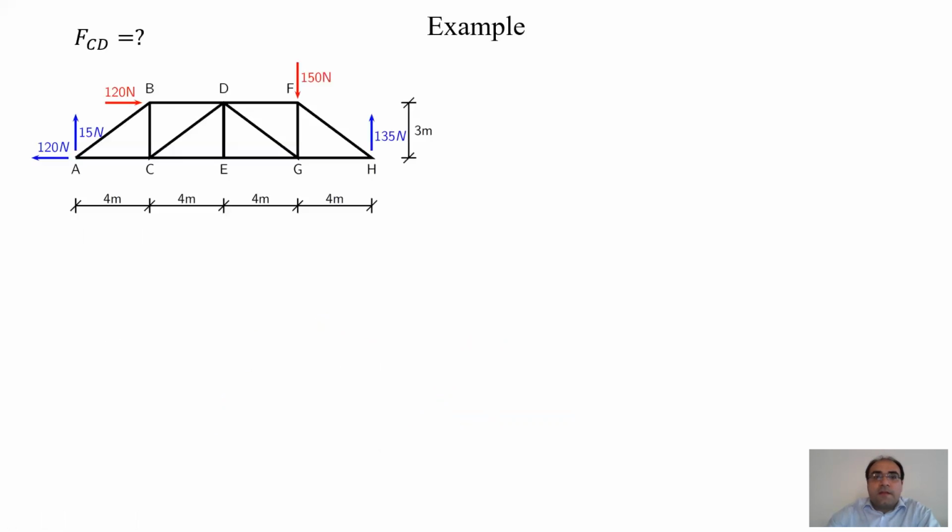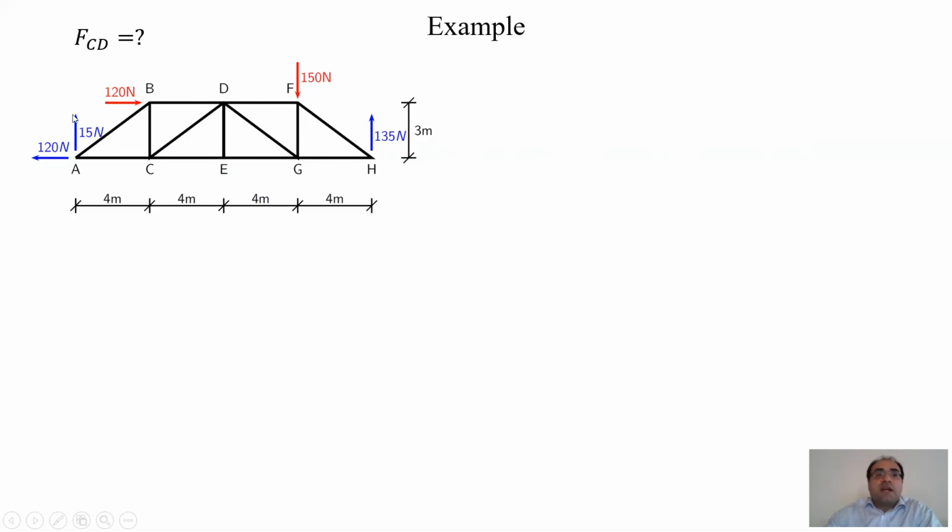Okay then. So let's solve an example. If we solve this example, I'm sure it makes more sense and you can follow what we have been talking about. We have a truss, a simple truss, and two external forces are applied at point B and F. I have already calculated the support reactions just to save time.